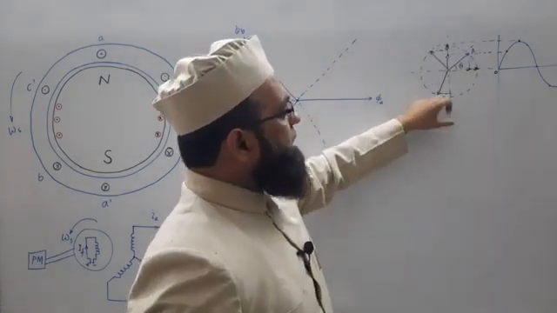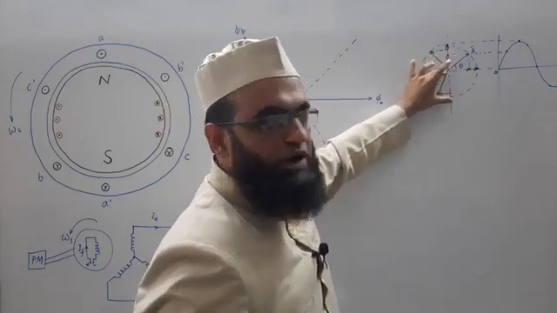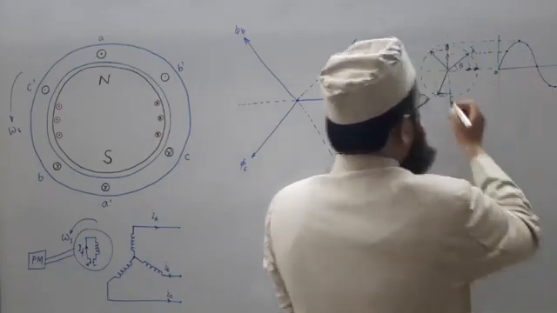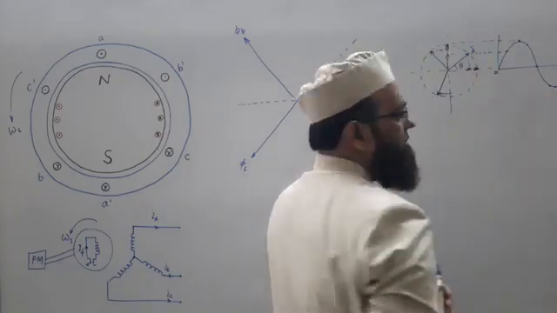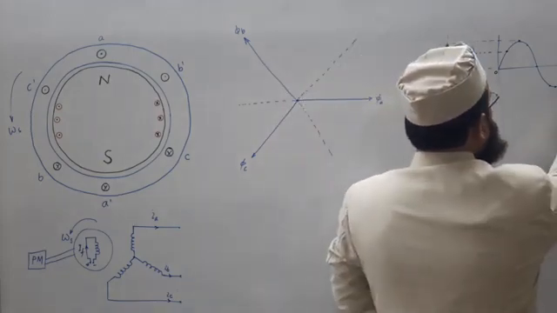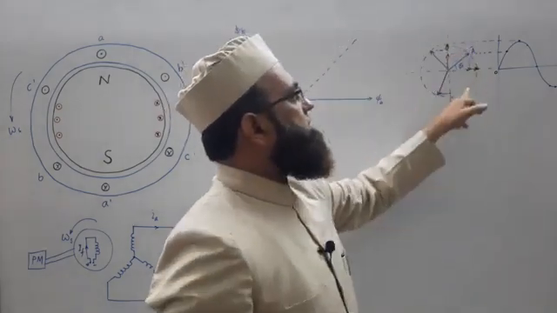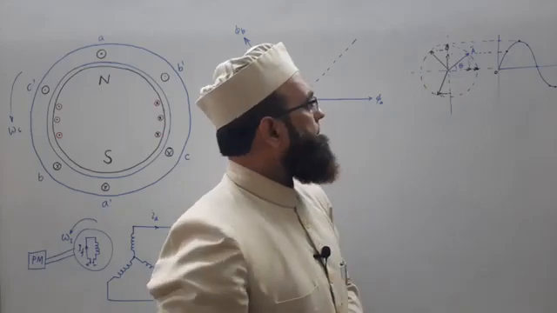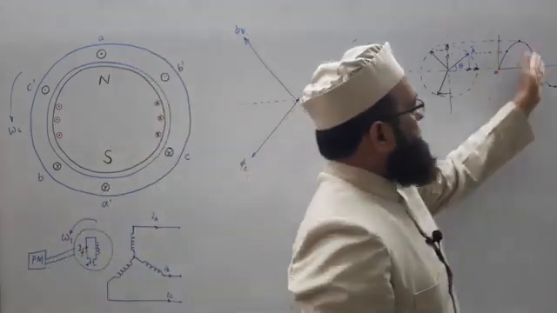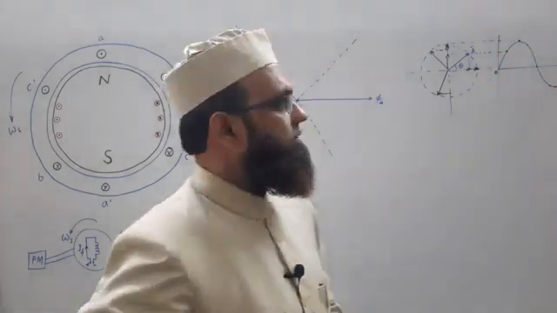Again it attains a maximum magnitude in the negative direction, so we reach till here. And finally, once it reaches its original starting position, we reach till here, and we say one cycle is completed, and here also one cycle is completed.